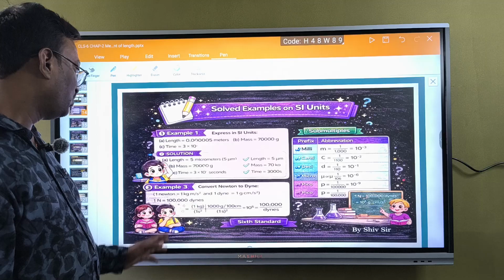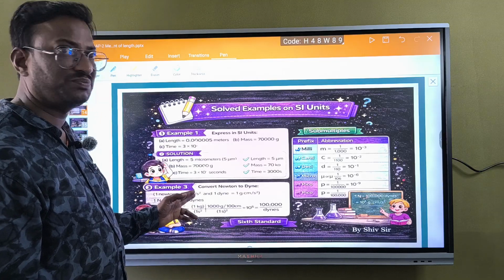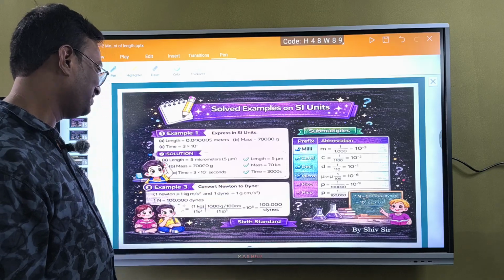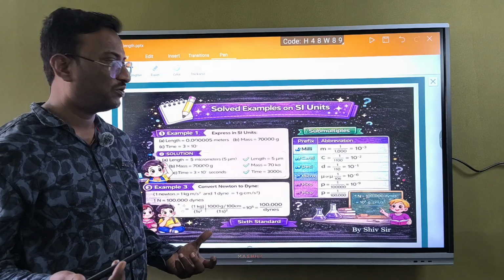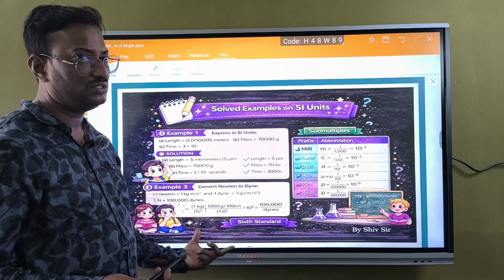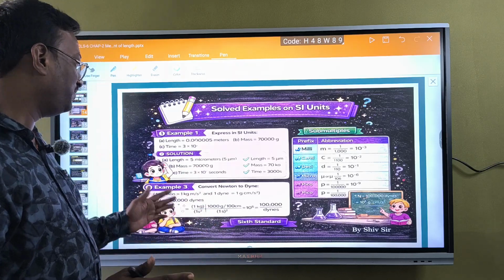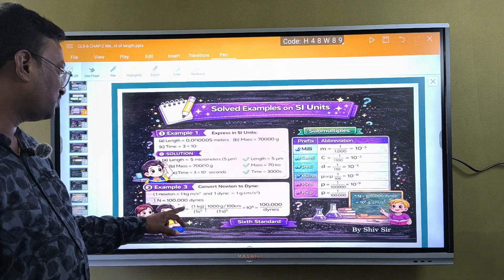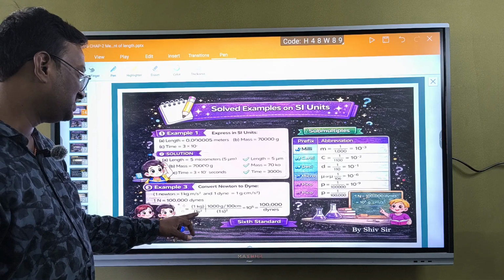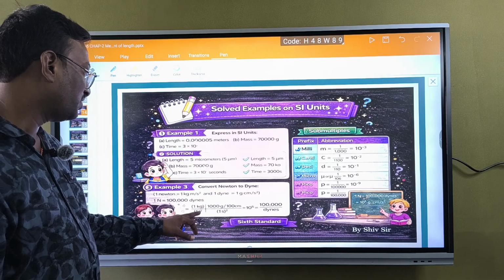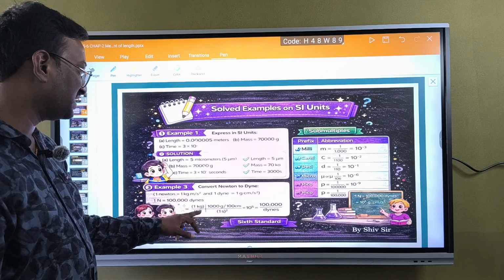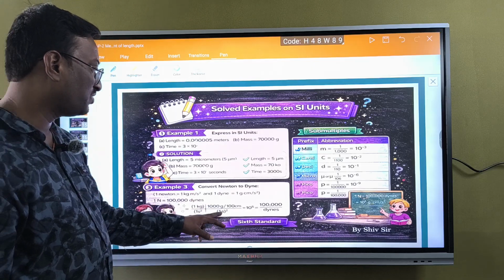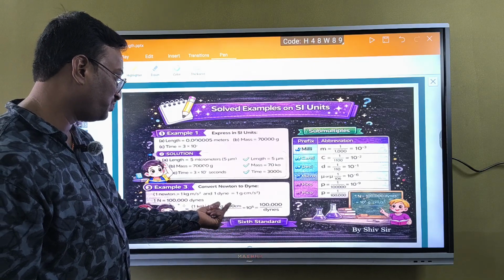Next example. 1 Newton is equal to 1 kg meter per second square. Convert it into dyne. In future we are going to get into this in detail, and I am going to explain how the Newton is derived. Up to now we can know this. 1 Newton can be written as 1 kg meter per second square. 1 kg is 1000 grams, 1 meter is equal to 100 centimeters, per second square, which equals 1 followed by 3 zeros plus 2 zeros.